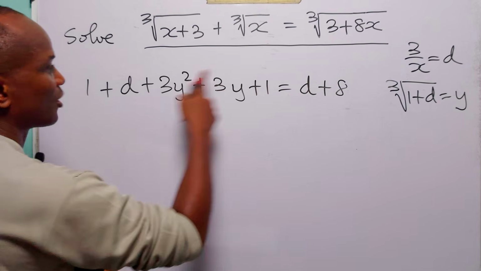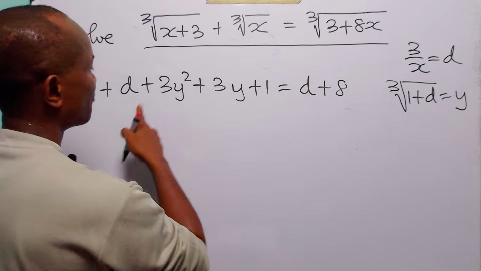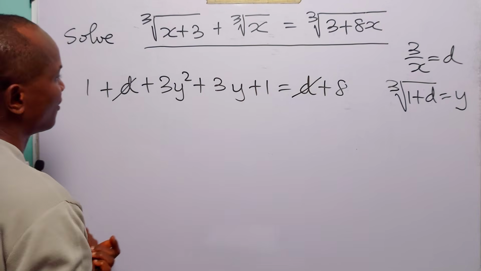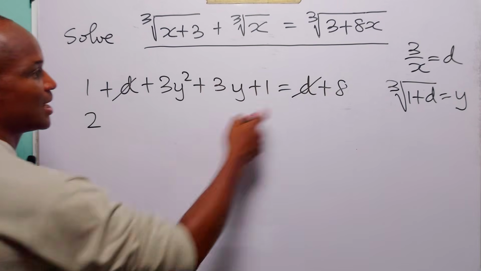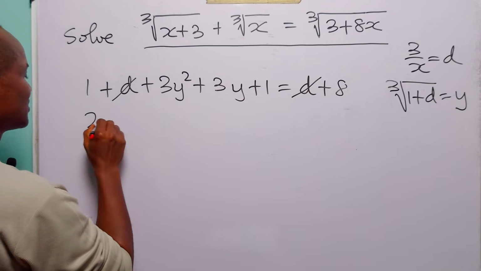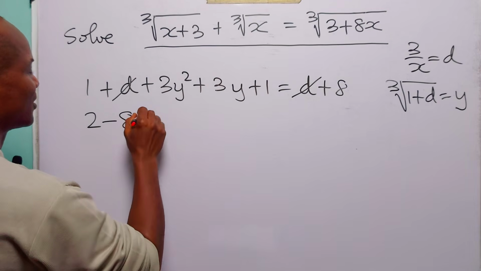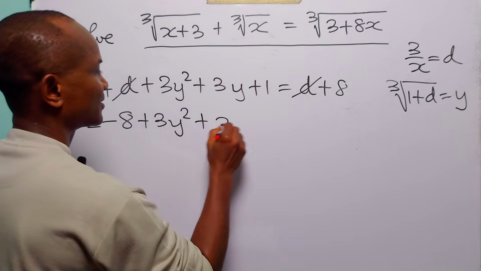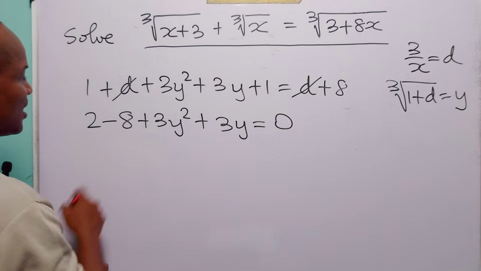Now we have d on both sides of this equation, so we can subtract d from both sides of the equation. When we do that, this takes care of that. 1 plus 1 is 2. Let us bring 8 from the right-hand side over to the left-hand side. When we do that, it becomes minus 8. Then we have plus 3y squared plus 3y, and of course this is now equal to 0.